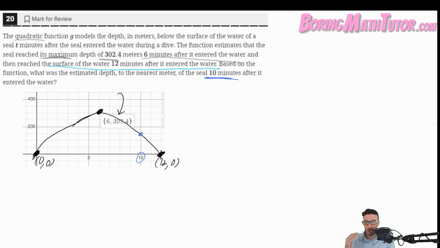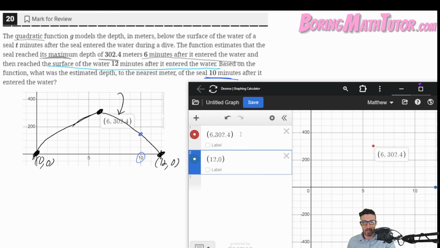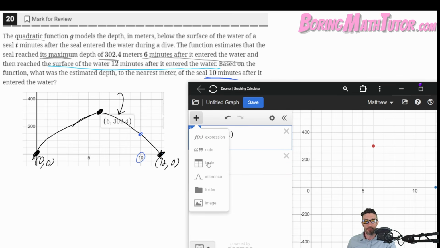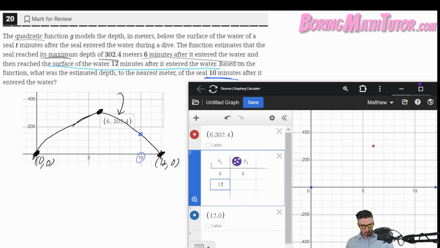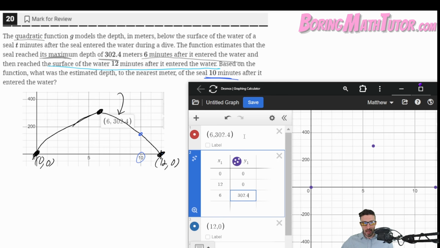Okay, now here comes the Desmos magic. Are y'all ready for it? We need to start by making a table where we go 0, 0, 12, 0, and also 6, 6,302.4.